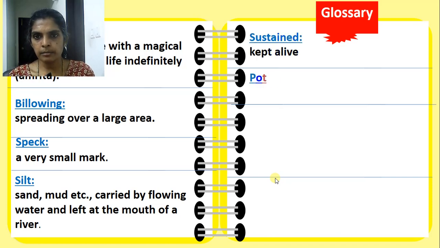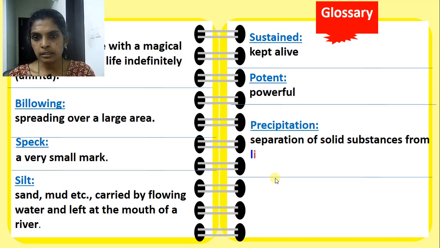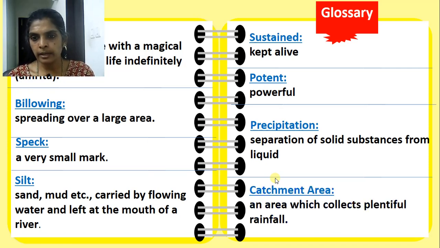Sustained means to be kept alive. Potent, powerful. Precipitation, separation of solid substances from liquid. This you would have learnt in science. Precipitation. Catchment area, an area which collects plentiful rainfall.